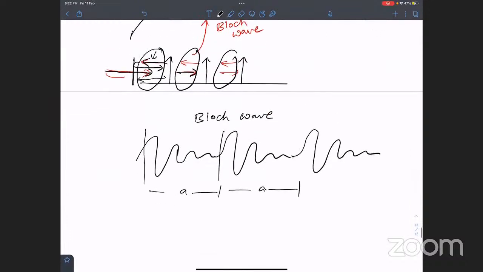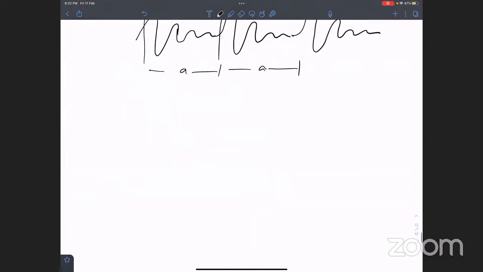Now it turns out, when we do it like this, let's say you have a wave function like this, e to the power jKx. So what exactly is this K? That K is called the Bloch wave vector.